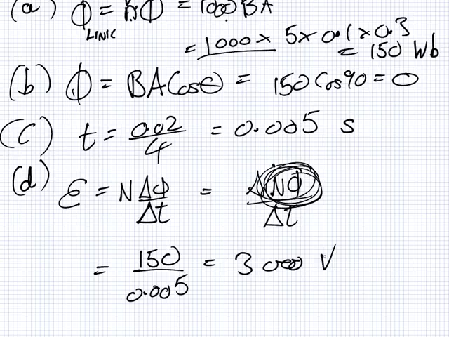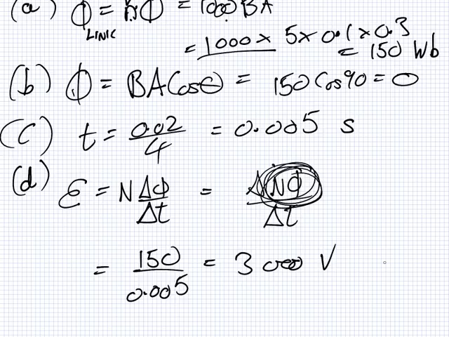Now this should not be surprising because at power companies the voltage is 10,000 volts at a power plant. So if I wanted to make this more realistic, maybe instead of 1,000 loops I should have said like 3,000 loops or 4,000 loops. But anyway, power plants make high voltage power.